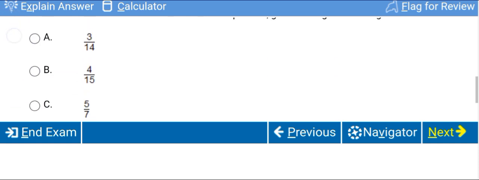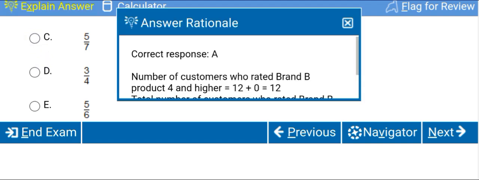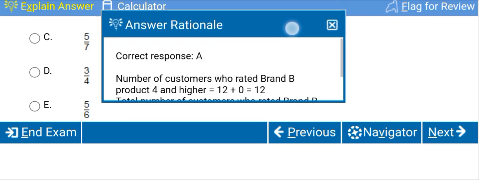Option A 3/14, option B 4/14, option C 5/7, option D 3/4, option E 5/6. So the correct response is option A.